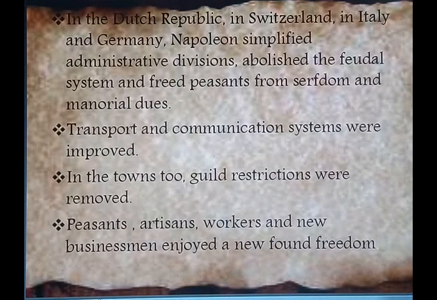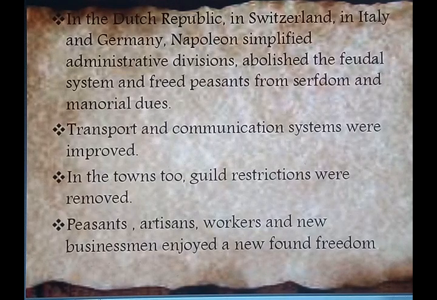Transport and communication systems were improved. So Napoleon focused upon improving the transport and communication system. In the towns too, guild restrictions were removed. You know what guilds were? Guilds were the unions of particular people. Like goldsmiths had their own union, silversmiths had their own union, carpenters had their own union.